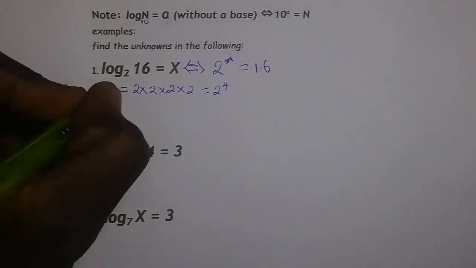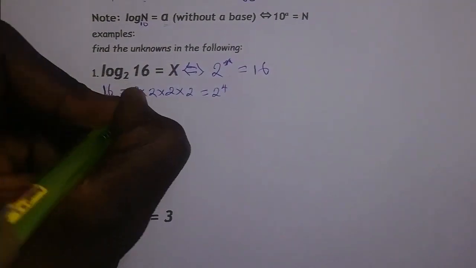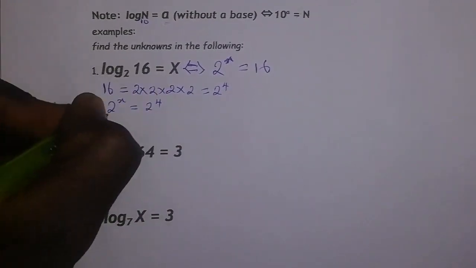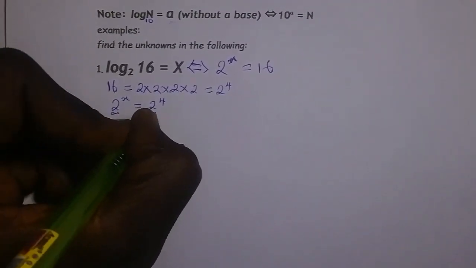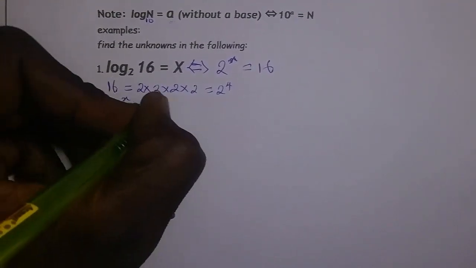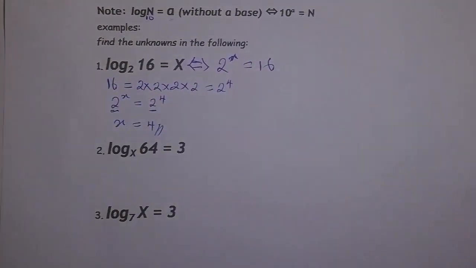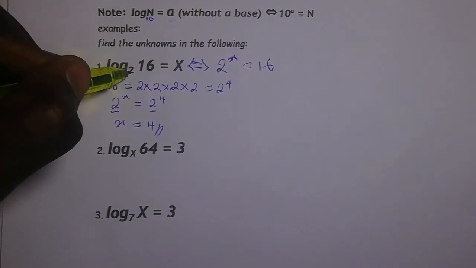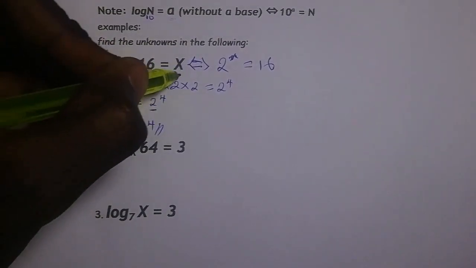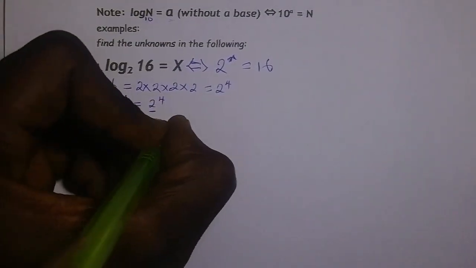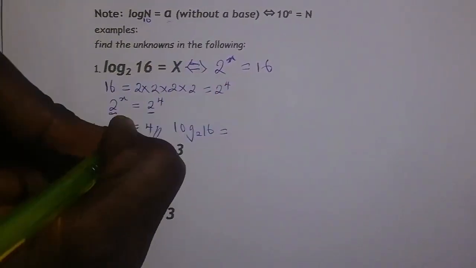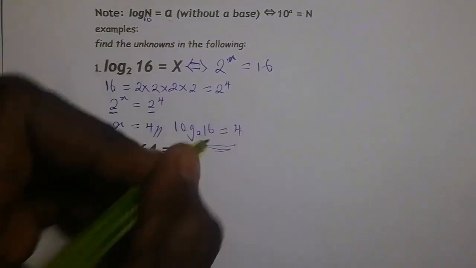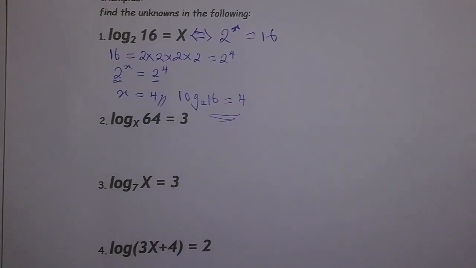We can substitute and write 2 power x equals 2 power 4. Since the bases are equal, we just equate the exponents, so x equals 4. So the solution is x is 4.